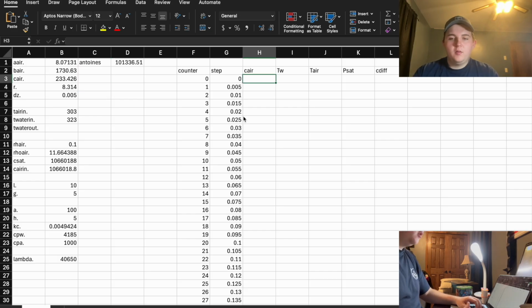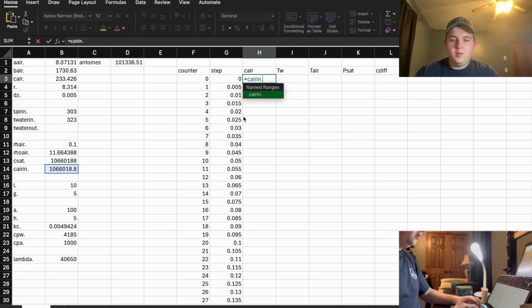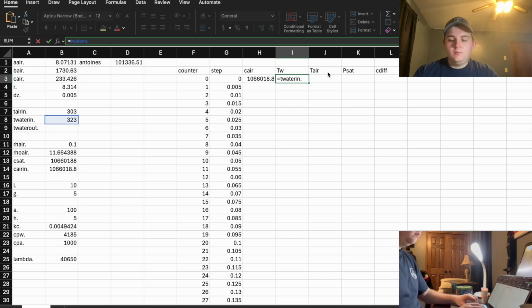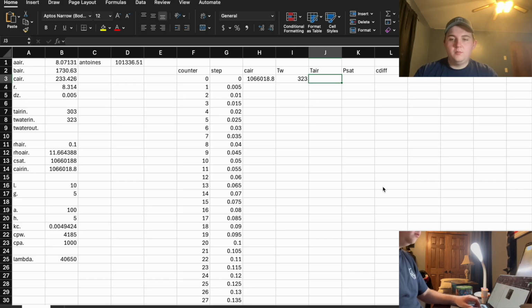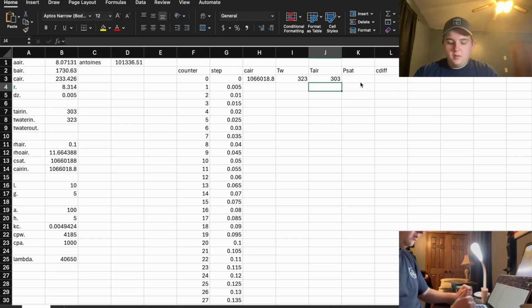Which is going to be our C air in. Our TW, what is it? Our TW, which is going to be T water in, equal to T water in. T air, which is equal to T air in. Okay, looks good.